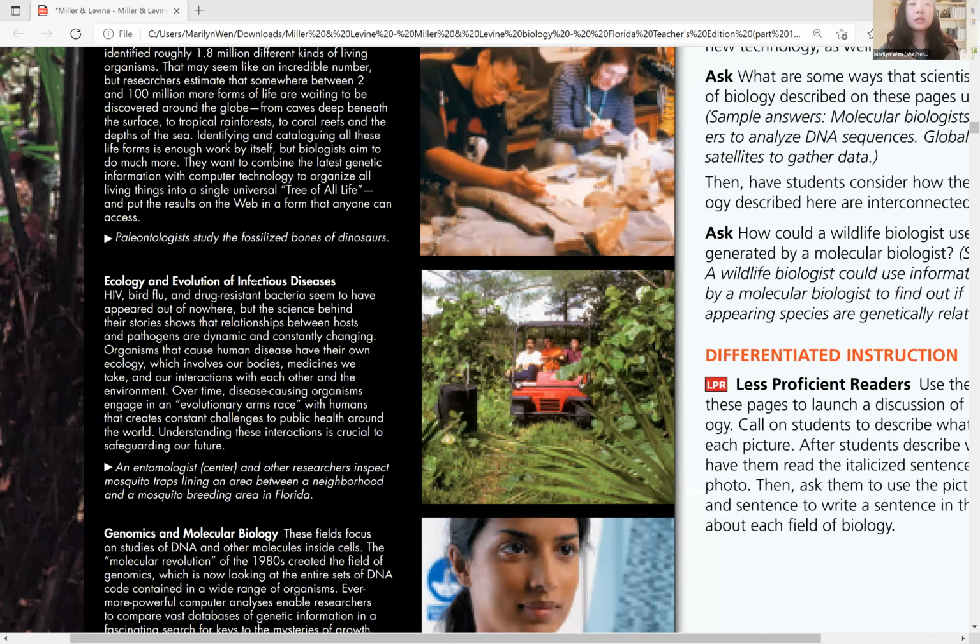And then there's ecology, which studies, as you talked about earlier, food webs, how organisms are related to their environments, and the predator-prey relationship and stuff like that.